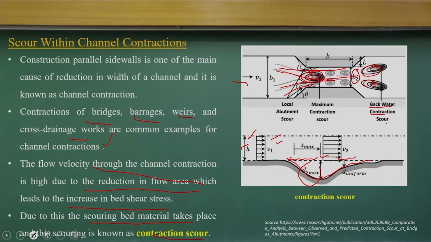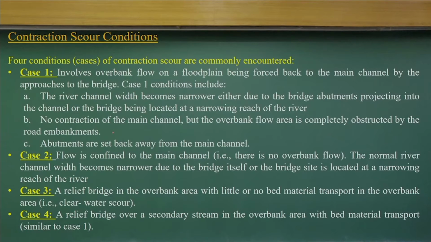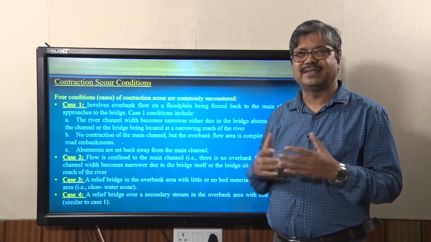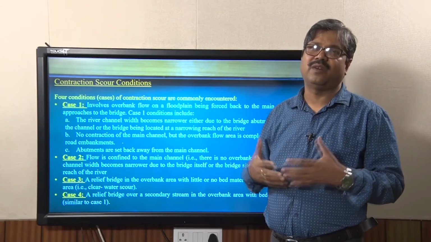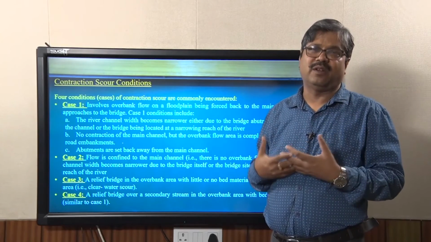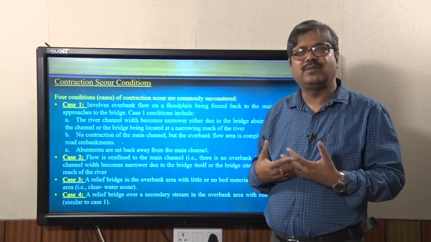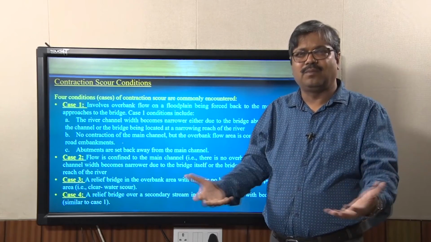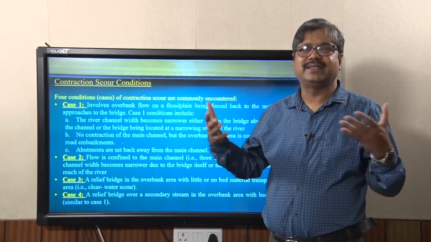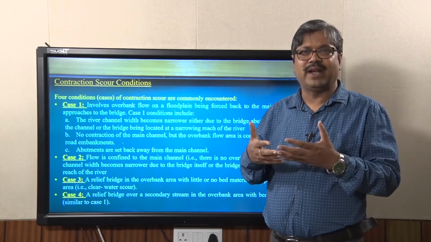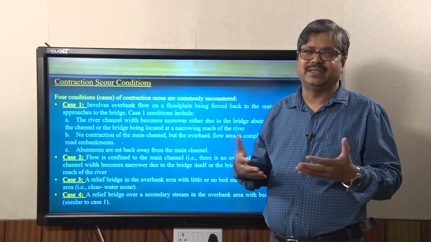So if you look at what happens in a river when you construct a bridge: as I said, the river has one space, and we are designing for a design flood, maybe a 100-year return period flood, maybe a 500-year return period flood. That means the flow exceeds the channel capacity.